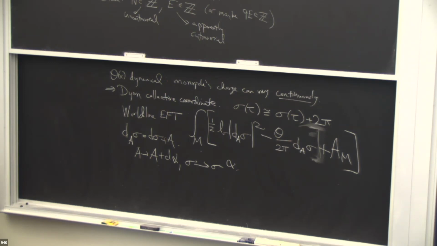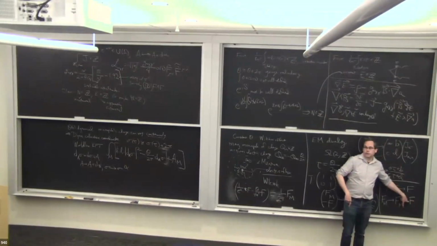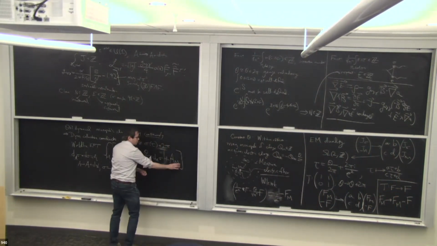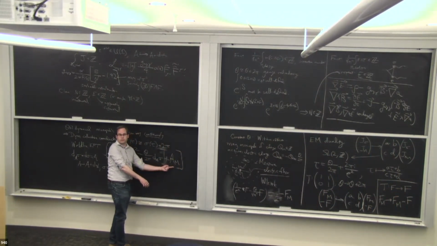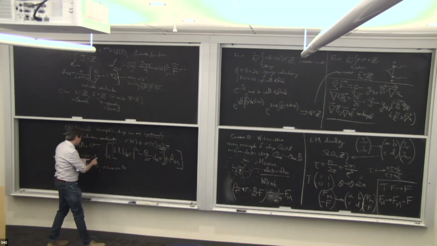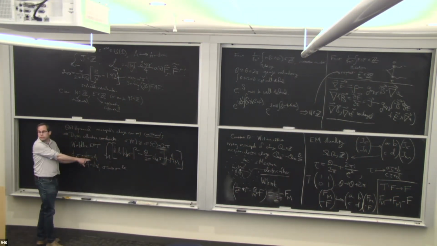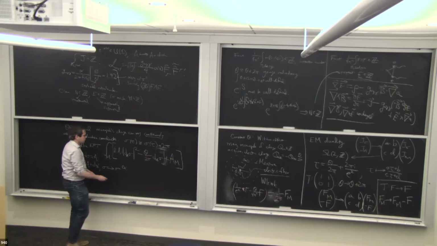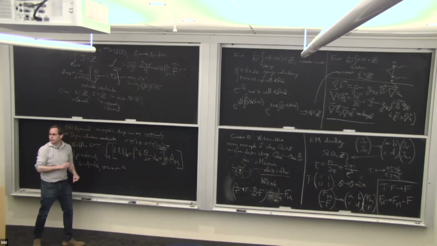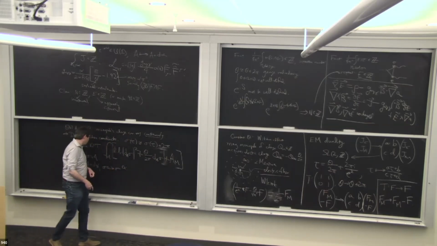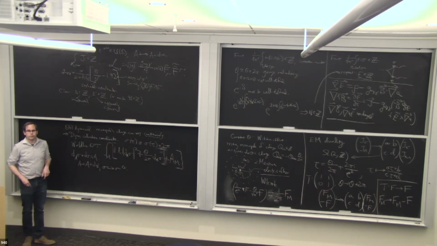It picks up a new piece, which is a multiple of A. So this term alone would not be well behaved when I shift theta by 2π. But now I pick up another term, which is theta times the A that's living in this covariant derivative. And I think I might have mixed up a sign convention somewhere. Maybe I want a plus with these conventions. But it'll cancel. Here I get an extra minus A, here I get an extra plus A. And the whole thing is well defined.